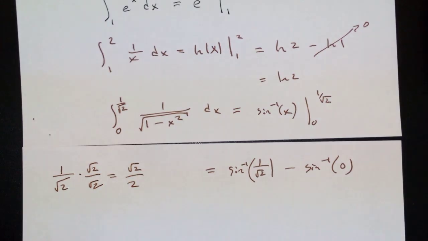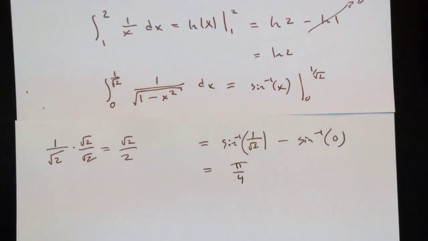That's for my unit circle. I recognize that one. What's the angle who gives me a sine that's root 2 over 2? Pi over 4. What's an angle whose sine is 0? Zero itself.